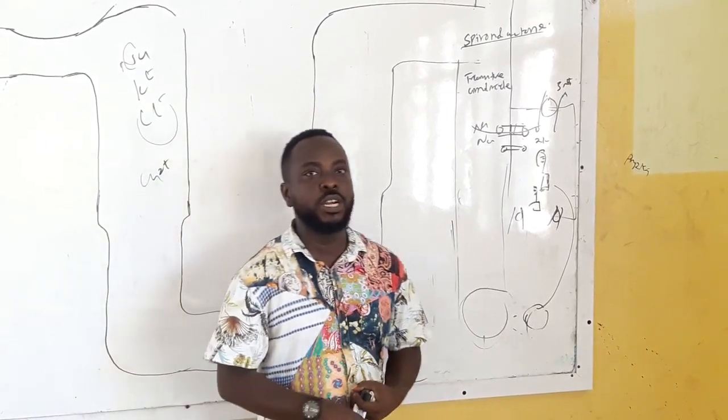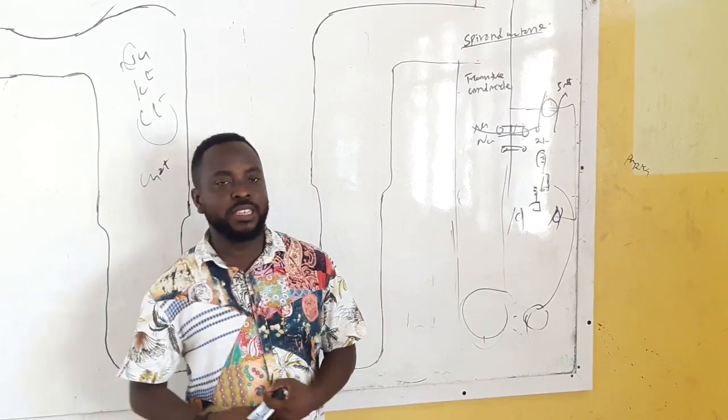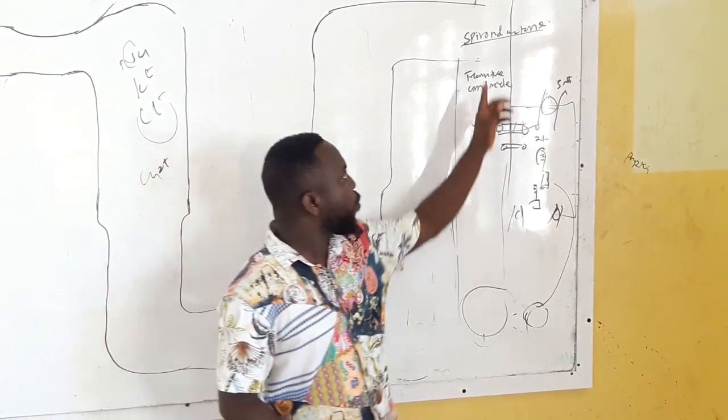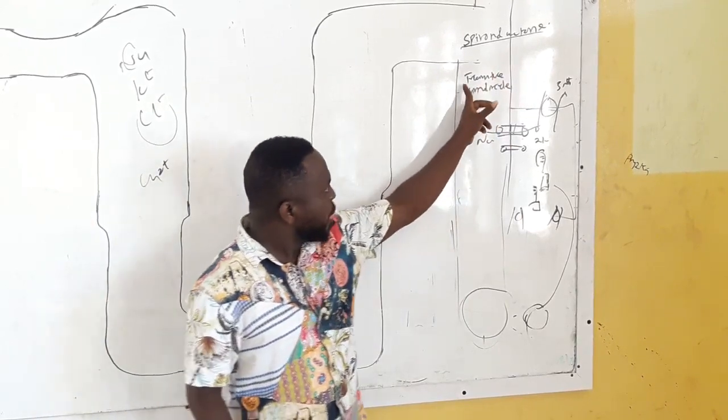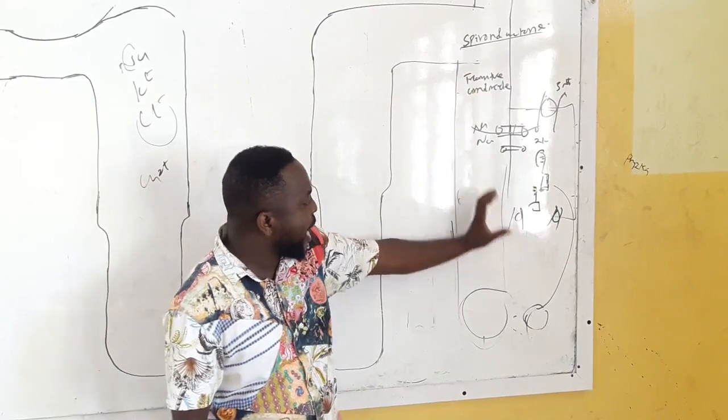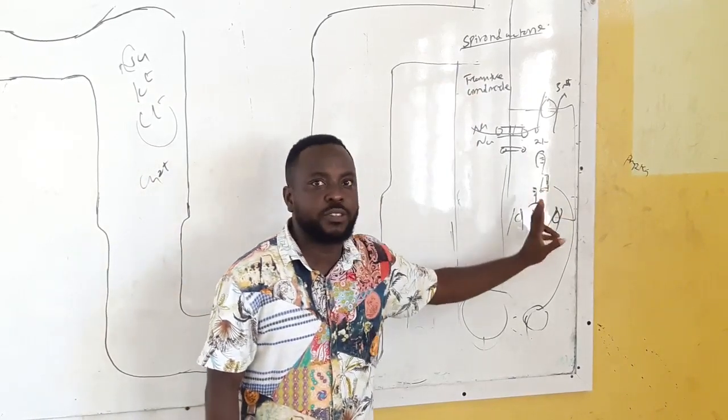Most of the diuretics will lead to loss of potassium, but this diuretic will help the body to retain potassium. And triamterene and amiloride do not bind to the aldosterone receptors.